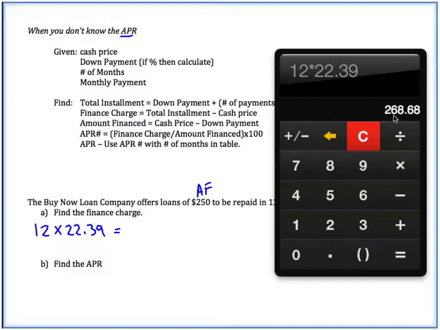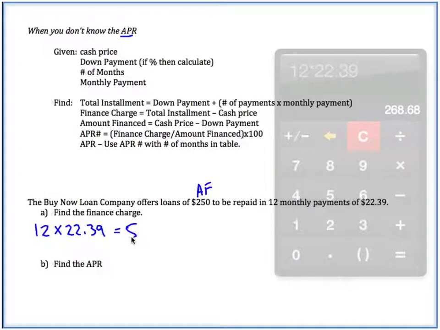Okay, so $268.68. So that is our total of our payments right there. Now the finance charge is going to be everything above what we borrowed. So what we're going to do is subtract 250 from this.